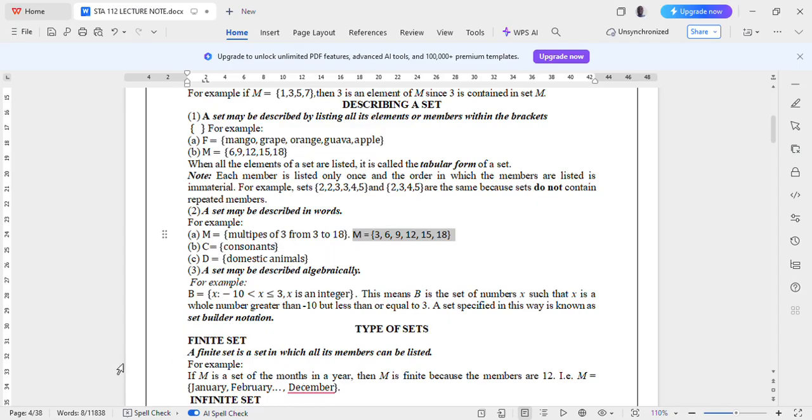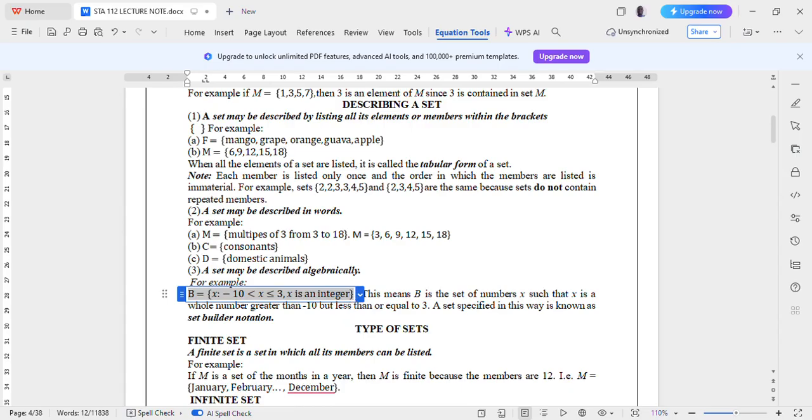So let me open a notepad so that you can understand it better. This is the inequality we are talking about.